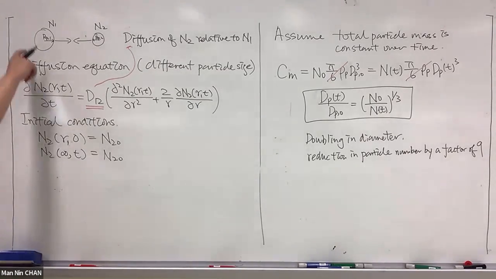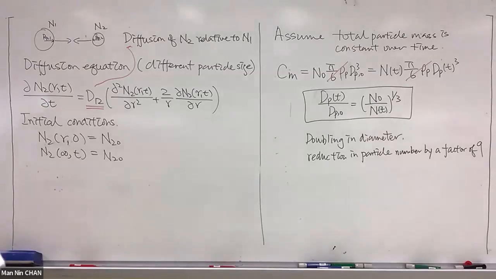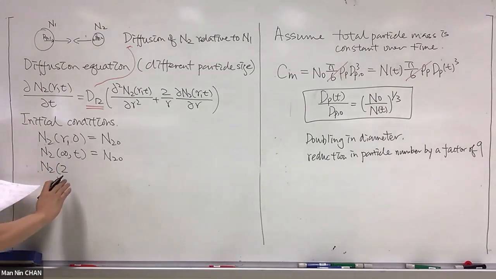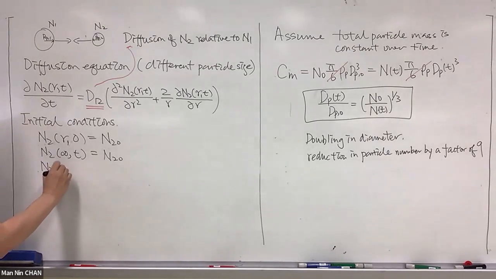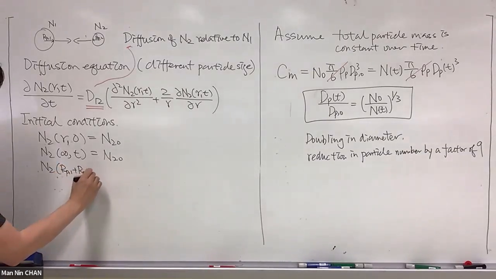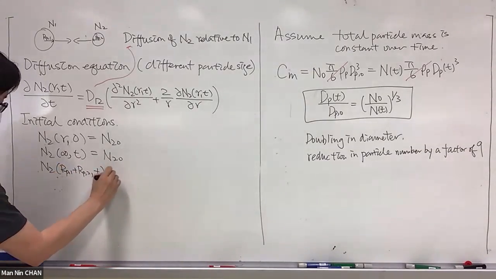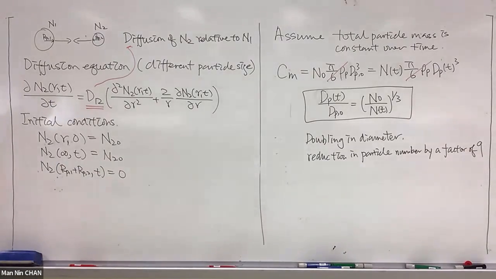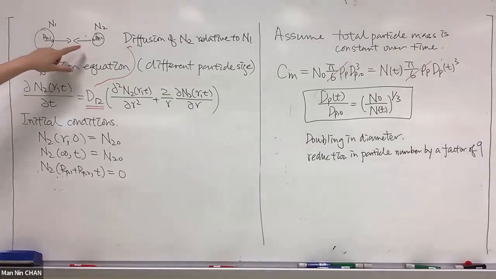And also we're looking at the surface. Remember, we are not just looking at 2RP1, because you have two particles with different size. So now it's RP1 plus RP2, because when they hit each other, you draw the particle, and that would be RP1 plus RP2.